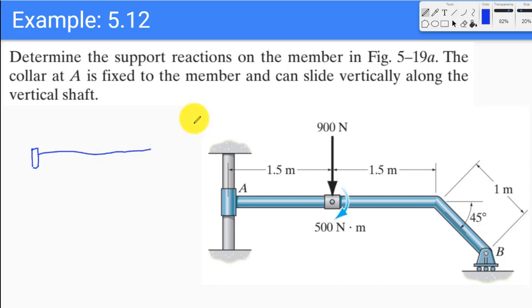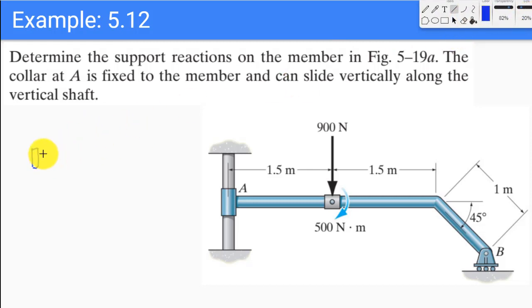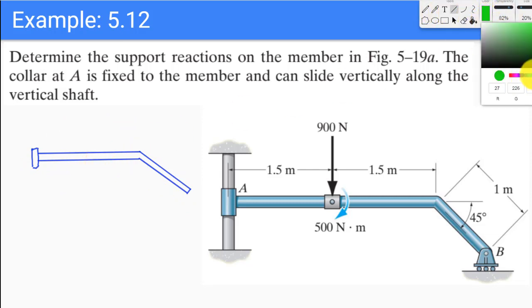First of all we draw a sketch of our member, first we draw this, then we draw the second part like this, so we have drawn the outline of our member. And so let's now draw the active forces.